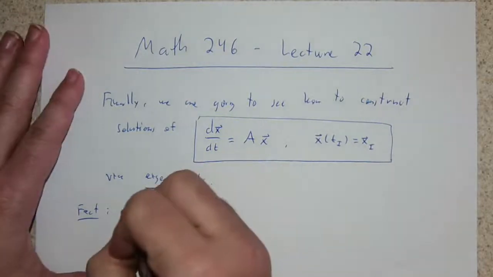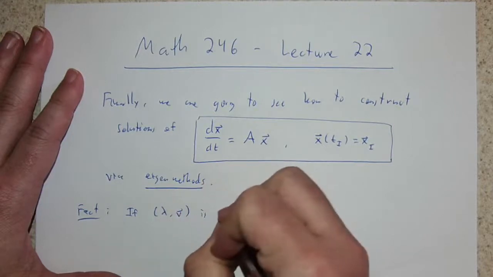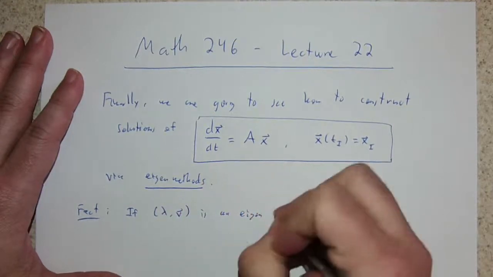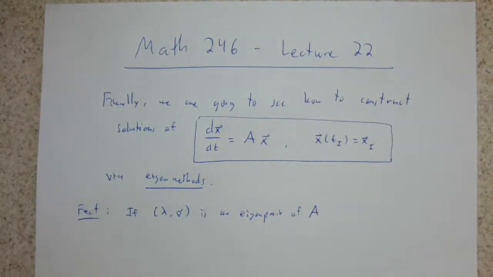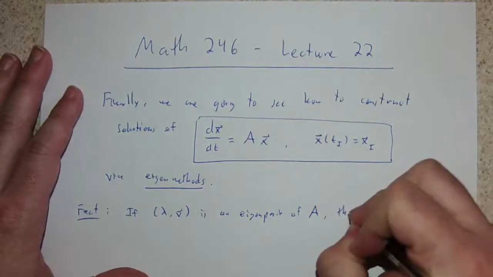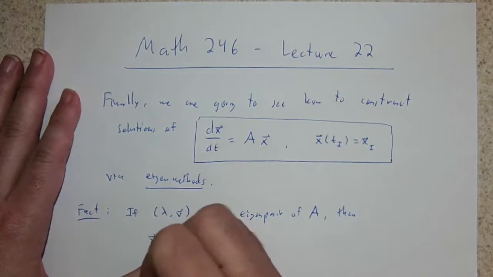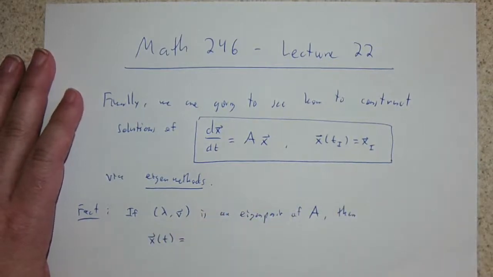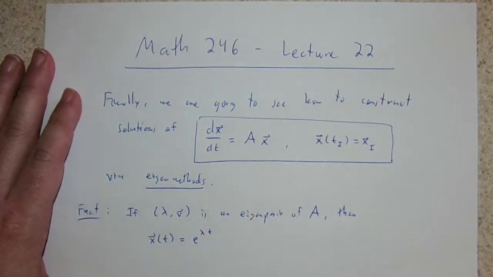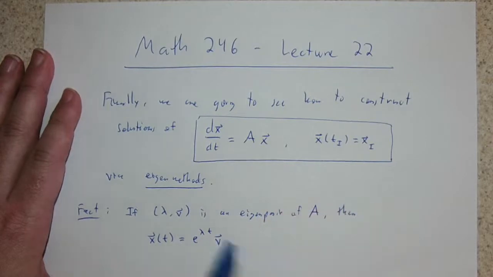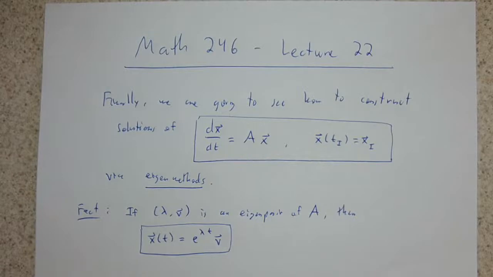If lambda, v is an eigenpair of A, then if I define the vector x of t to be the scalar valued function e to the lambda t times the eigenvector v, this solves this differential equation.